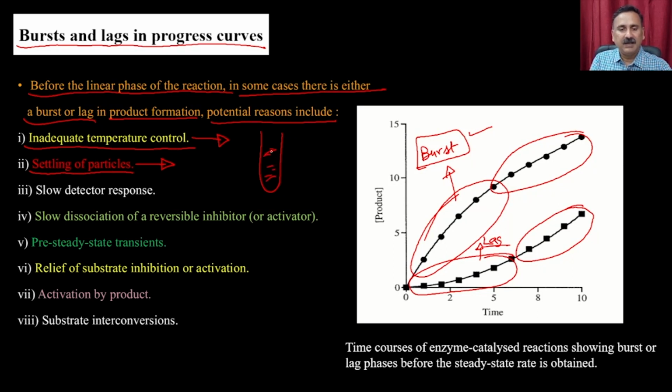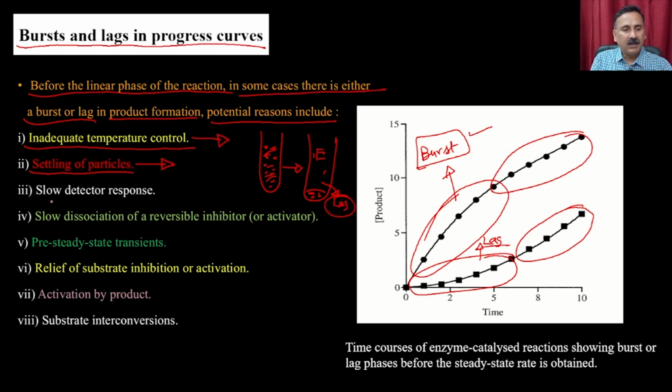Some of the components are particulate, so after some time they will settle down at the bottom. The enzyme is present in the solution, but some of these particles, which are also important for the reactions, are settling down at the corners. That's how they change the reaction rates, and they may induce the lag or burst.